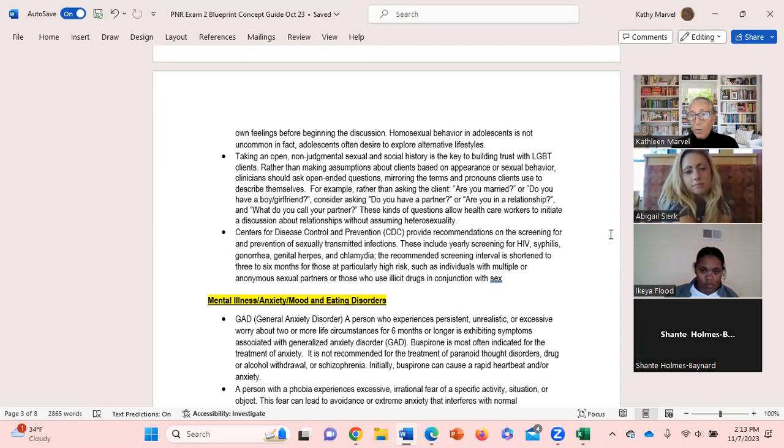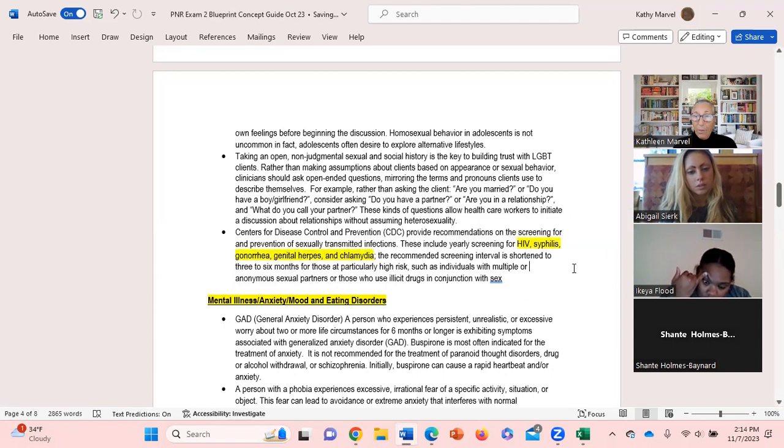The next is CDC. This talks about the annual screening recommendations for this population. Pretty simple question to formulate. What are the CDC's annual recommendations? So it's 5 things: HIV, syphilis, gonorrhea, genital herpes, and chlamydia.